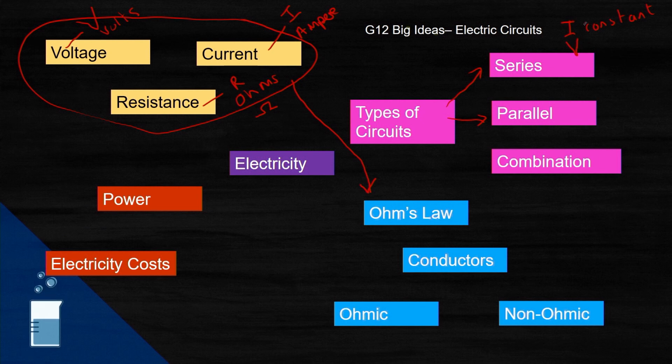So a series circuit is a potential divider. It divides the potential difference. A parallel circuit is different. In a parallel circuit, the potential difference across each component remains constant, remains the same, and the current is divided.